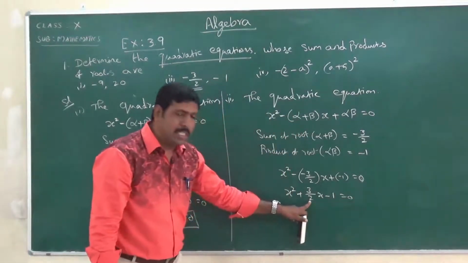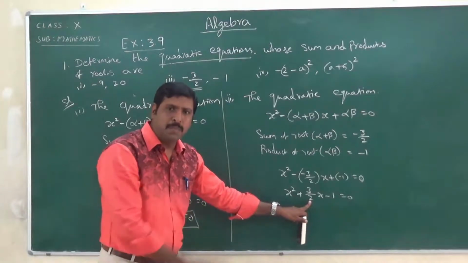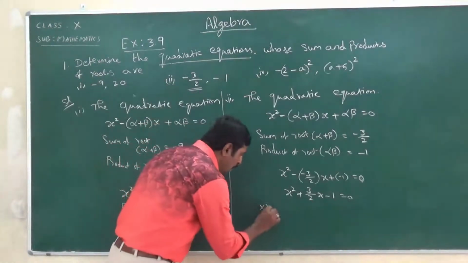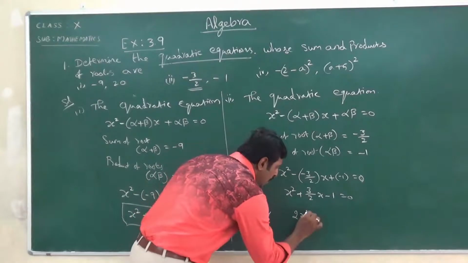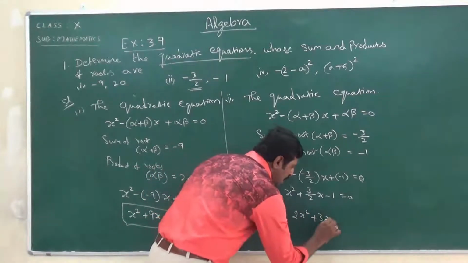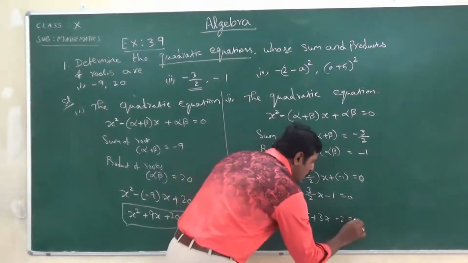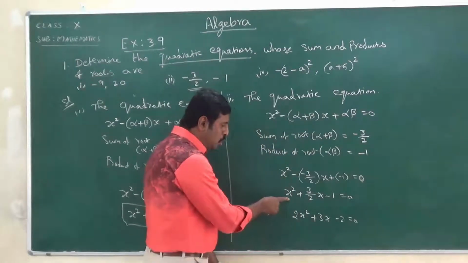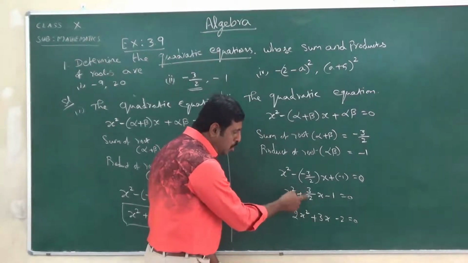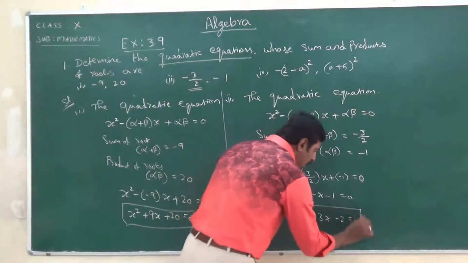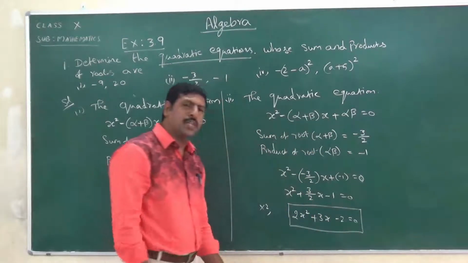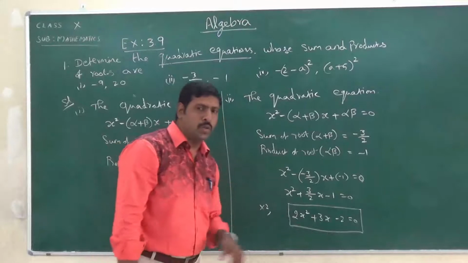Here we have the denominator, so we have to multiply by the number 2. We get 2x square plus 3x minus 2 equal to 0. When we multiply by 2, the 2 will be cancelled. So the quadratic equation is 2x square plus 3x minus 2 equal to 0.